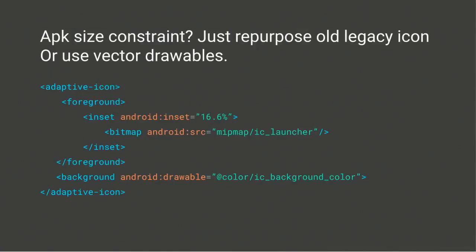If you divide that by 108, that is 16%. So if you specify 16% as your inset, and then point the inset drawable's main content to be the legacy icon, then there will be no APK size increase, and you will be able to upgrade to adaptive icons for free.